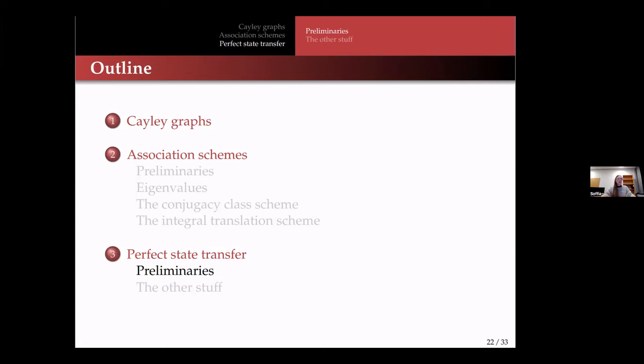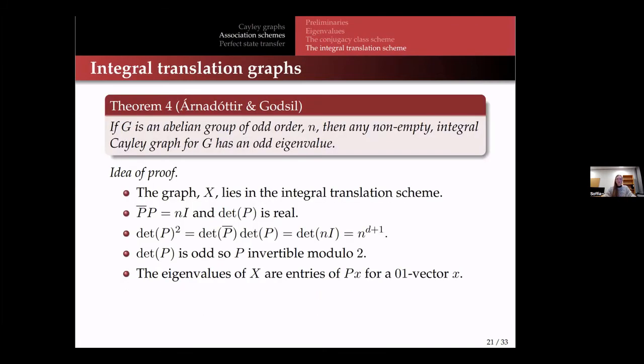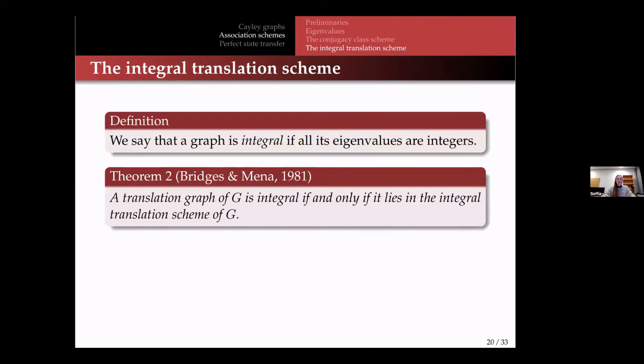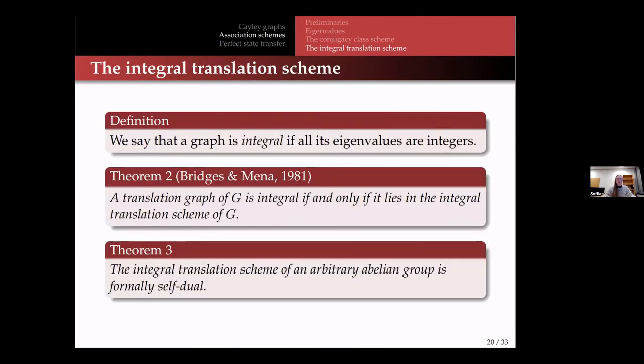In the proof of the integral translation scheme being self-dual, this ordering becomes kind of messy. You have to really think about how to choose that ordering, which is why that proof is not that easy.